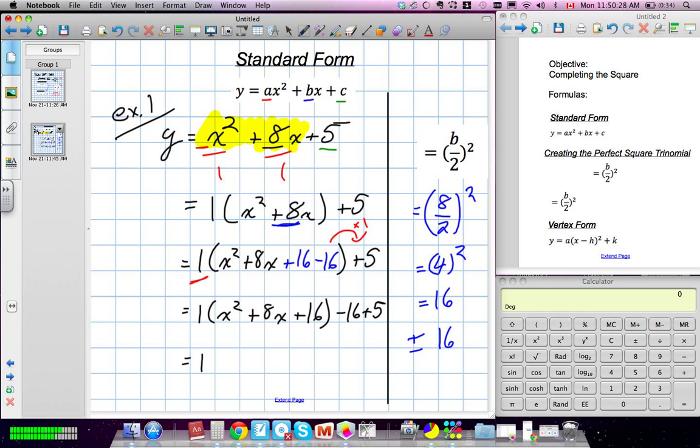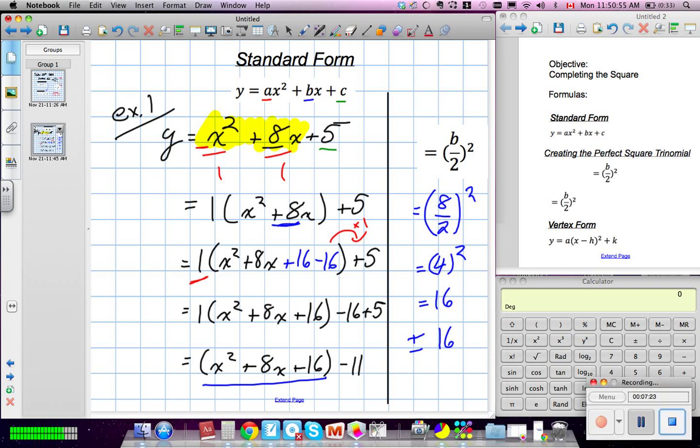Does this 1 need to be there in front of those brackets? It doesn't really. The reason I did that is because I just want you to get used to the process. X squared plus 8x plus 16, and negative 16 plus 5, that's negative 11.